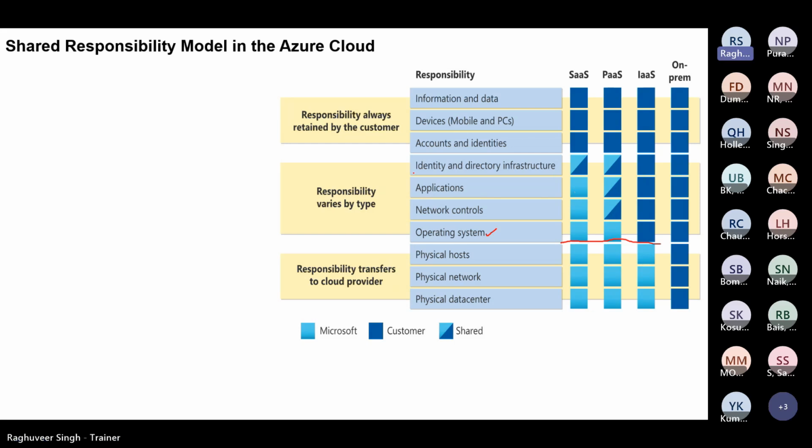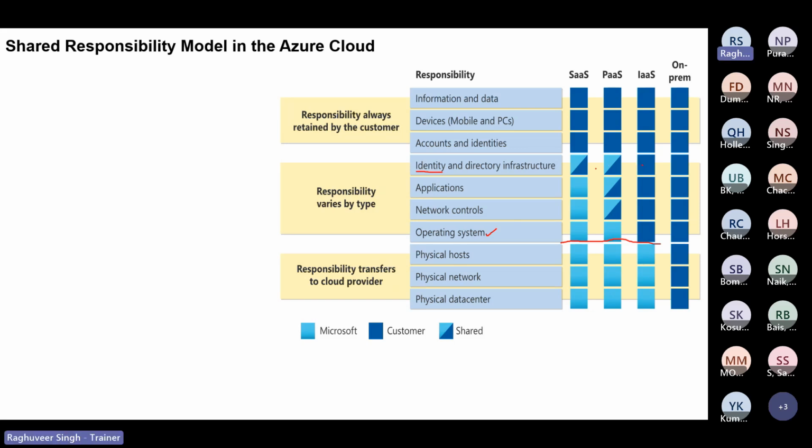Then comes the identity and directory infrastructure. Now, this is where you will create your user accounts, employee accounts. Either you create them directly in Azure AD, or you will synchronize them from an on-premises Windows Server Active Directory using Azure AD Connect or Azure AD Connect Sync to Microsoft Azure Active Directory. So in IaaS, it is completely your responsibility as a customer.